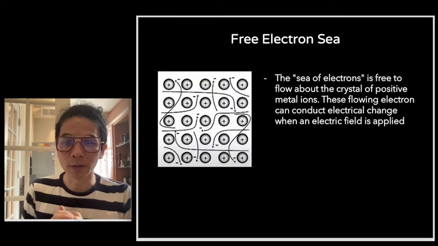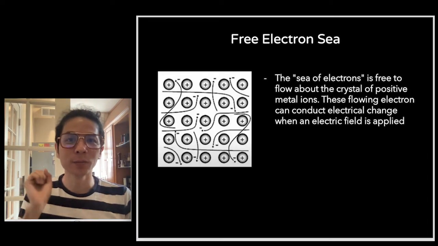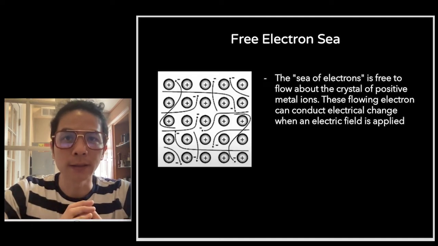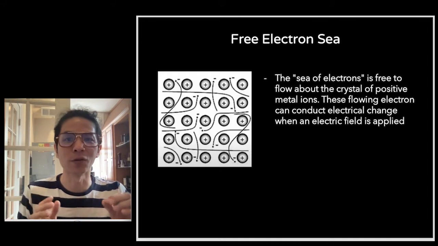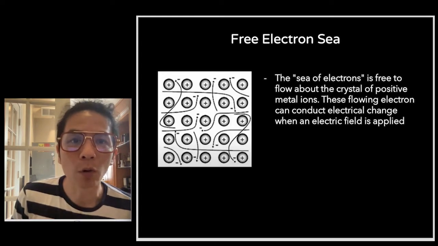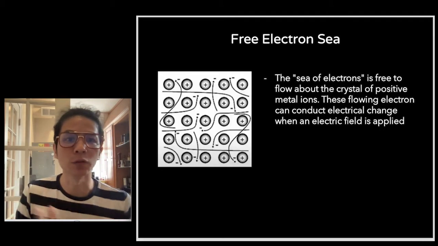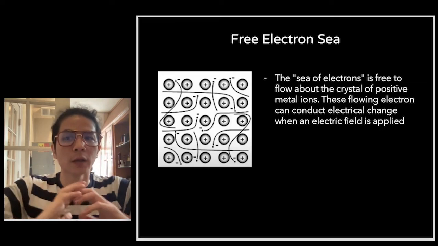So when we talk about plasmons, I always have to talk about plasma and the free electron sea. Basically, plasmonics is the phenomenon that you can observe in metal, and in metal, as you know, electrons can move freely, and sometimes people call it a sea of electrons because electrons can move freely inside the metal.